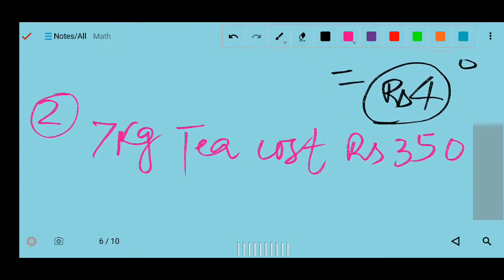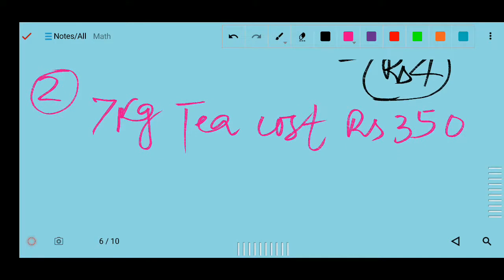Now the cost of 7 kg is 350, so what will be the cost of 1 kg?